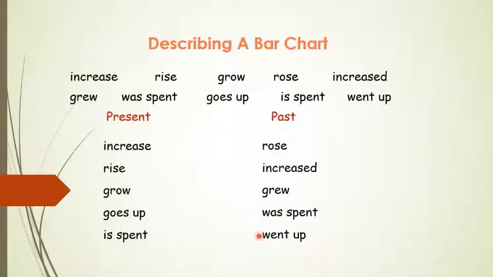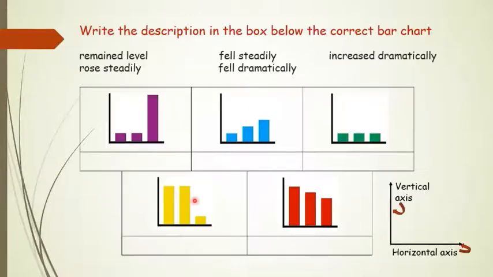So when you are describing a chart using the past tense, then you necessarily need to use these kinds of past tense verbs. And if the description is in present, then you could use these words. Right. Now, not only those verbs, there are some special phrases that are commonly used.